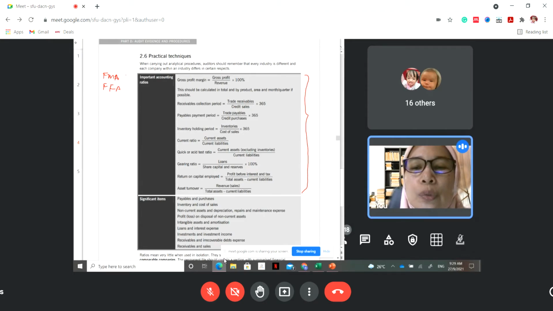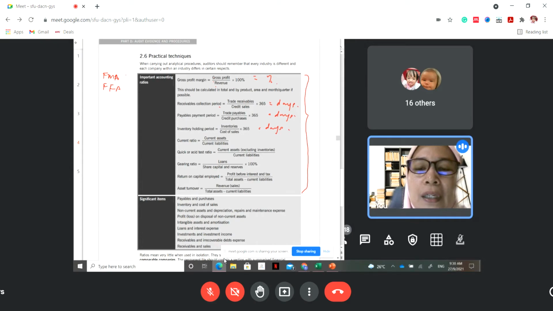Just to recap, you have to read back: gross profit margin, gross profit divided by revenue, and then you have to look at the relationship. Receivable collection period is in days, so the answer should be in days. Payable payment period is also in days. This one is in percentage. This one is also in days, the inventory holding period.